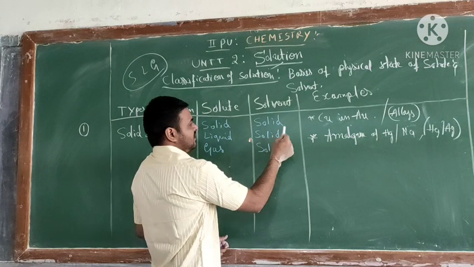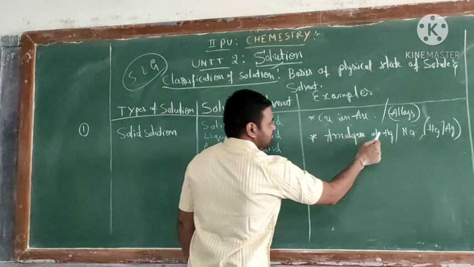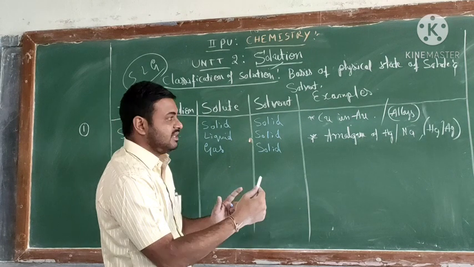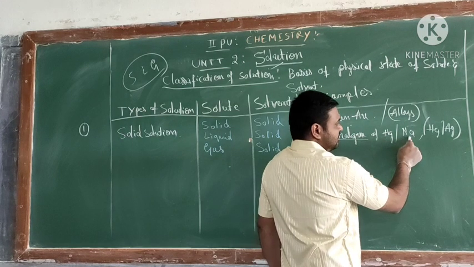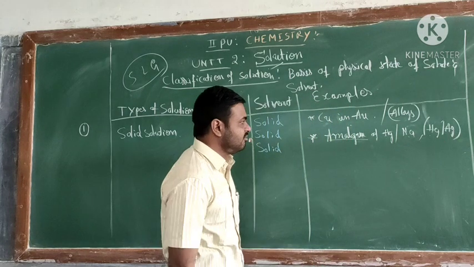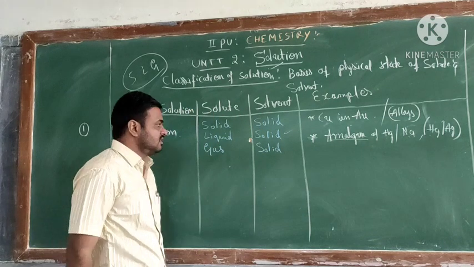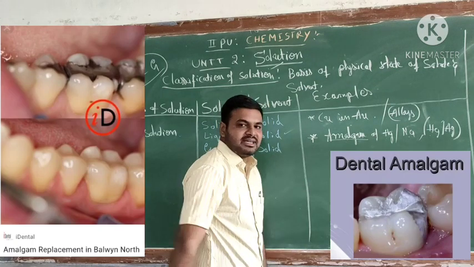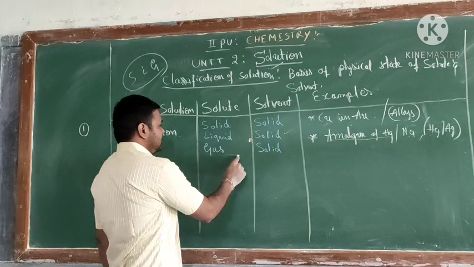Sodium is the solid and mercury is the liquid. Both are mixed together, forming a homogeneous mixture called an amalgam. Mercury and sodium, or mercury and silver, is the example for liquid in solid. This is used in the medical field for dental recovery.